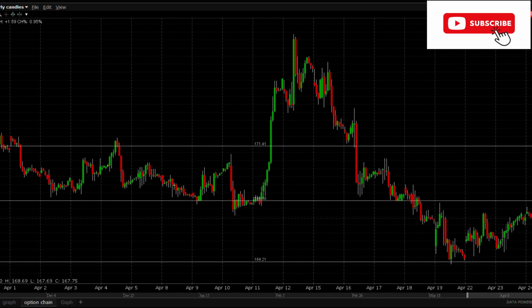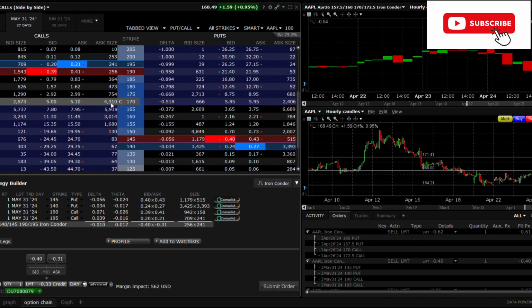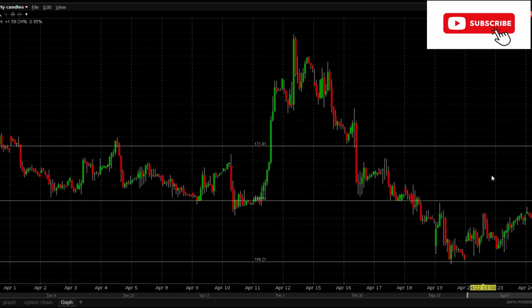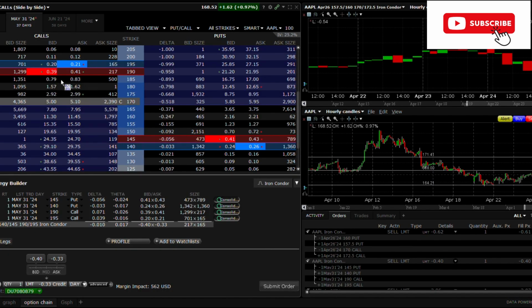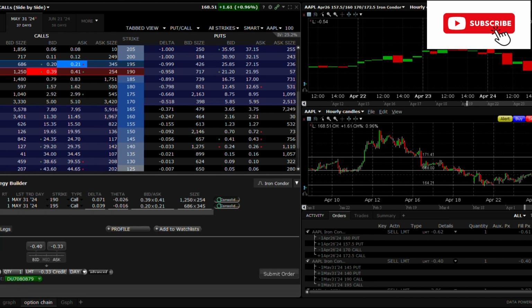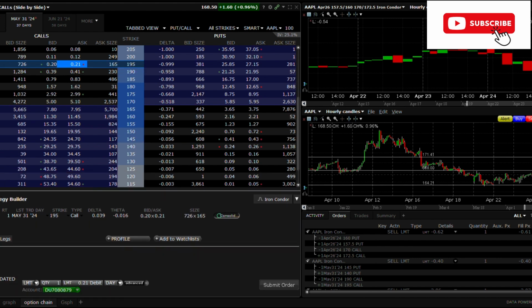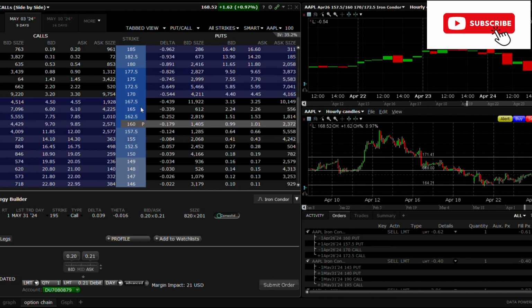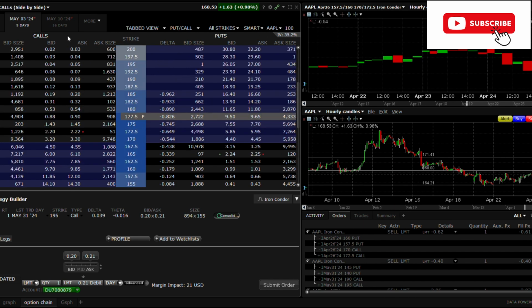But 171, for example, is too near, so this is not a good one to select. 170, 171 is just above this, so this is not really a good one because there is not much space for movement.